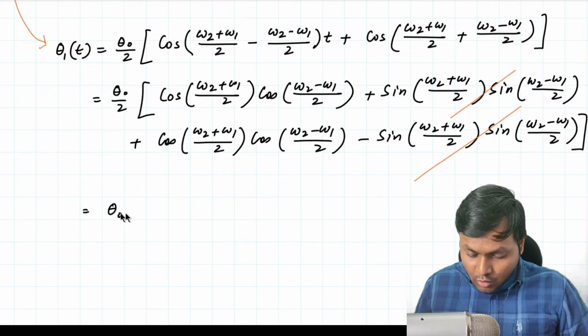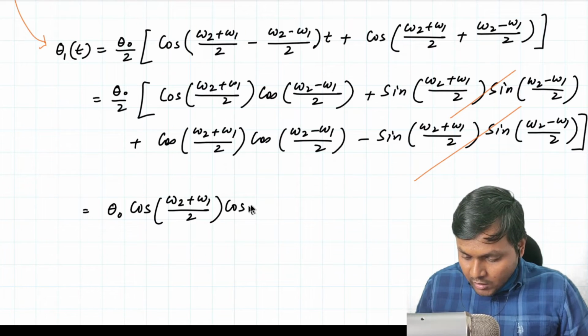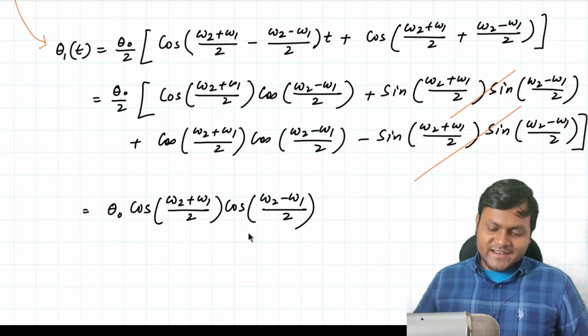So this is theta naught cos of (omega 2 plus omega 1) upon 2 and cos of (omega 2 minus omega 1) upon 2.